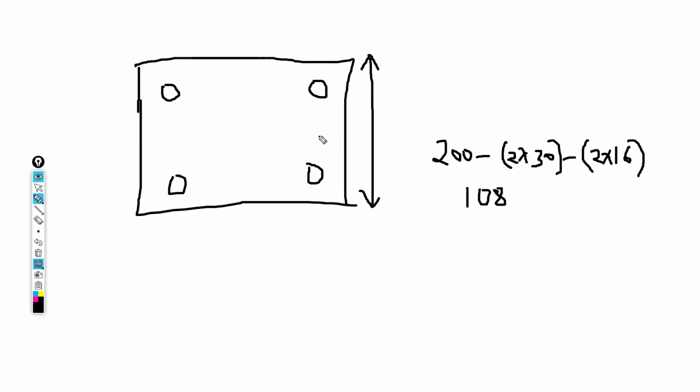Then if I have another bar added here, still of 16, minus 16, it leaves you with 92. So on a worst case for a section of 200 by 200, you can have only 3 bars.